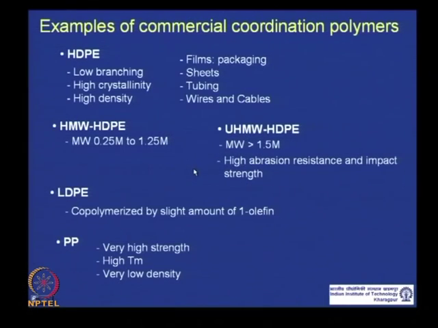Now, before we end this lecture, let us go through a few commercial coordination polymers. For example, high density polyethylene, which has low branching, high crystallinity and high density.